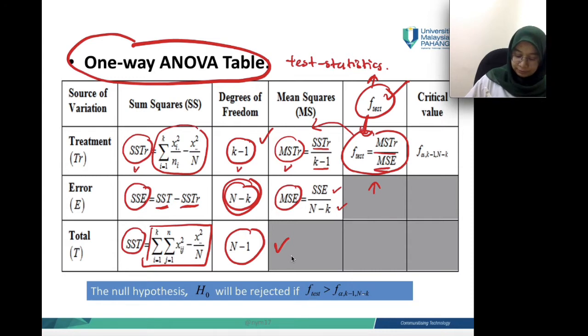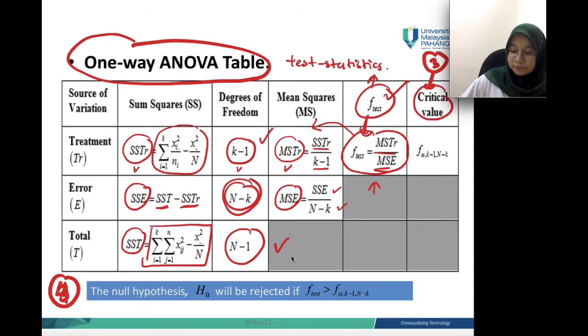Step number 3 is here. This one is step number 4. Step number 3 is the critical region. We will take F alpha, right tail only. K minus 1 here is degree of freedom treatment, Nu1, and Nu2 is degree of freedom error.